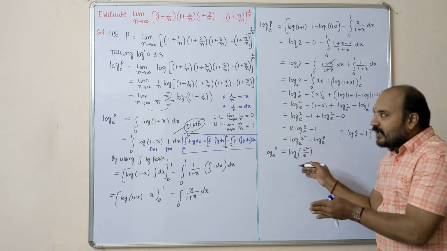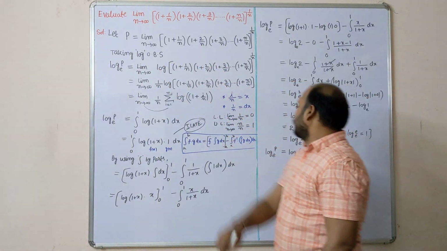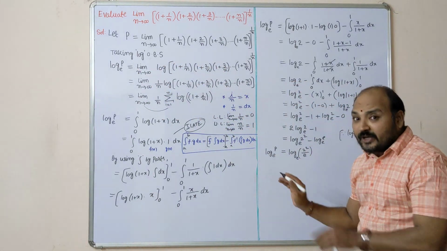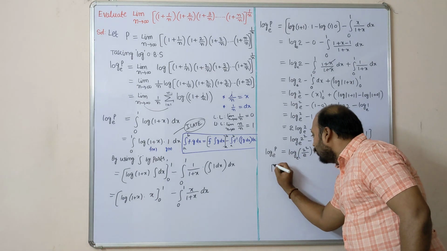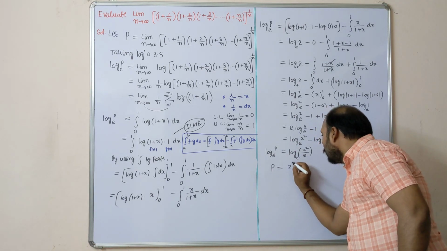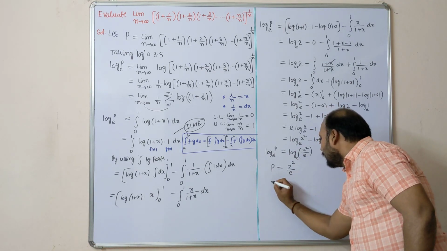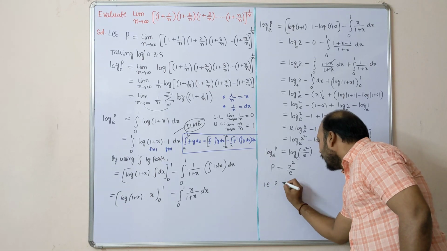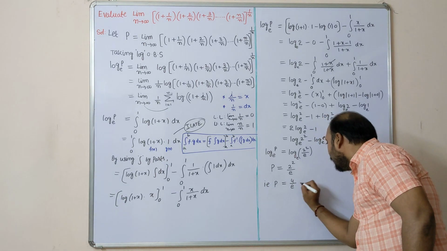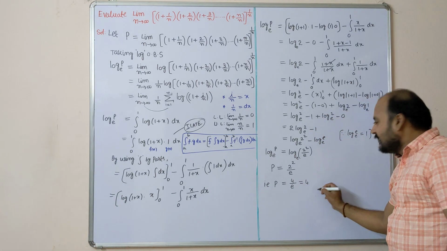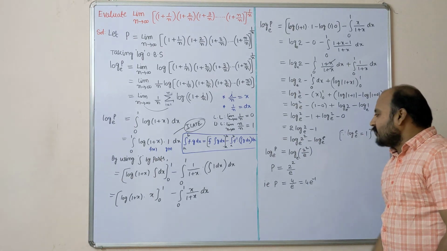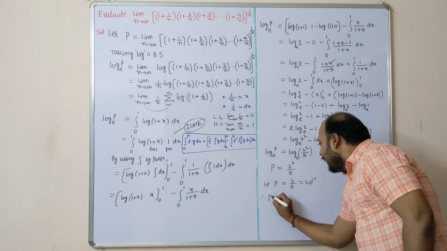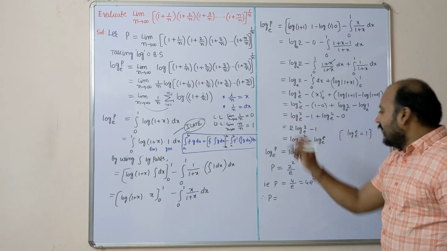So by comparing, I want the p value now. By comparing log functions, we cannot cancel. So p equal to 2 square by e. That is p equal to 4 by e. 4 into 1 by e means e power minus 1.